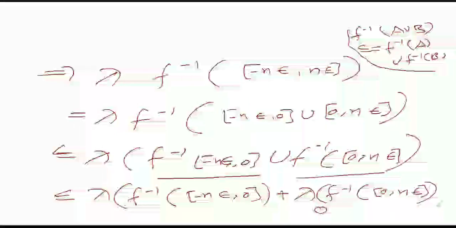So this implies Lebesgue measure of f inverse of minus n epsilon to plus n epsilon is 0 for all n greater or equal to 1.